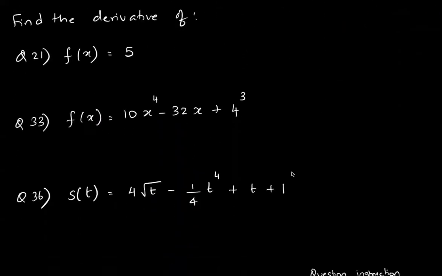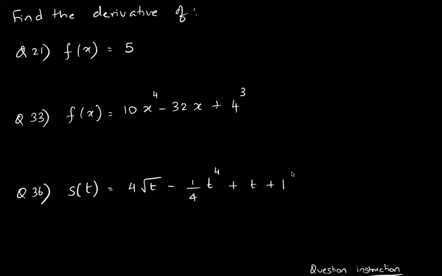So in the first question, the function given to you is a constant function. If you were to graph f of x equals 5, the graph will just look like this, right? It's a horizontal line. So you know that intuitively, this particular function doesn't change at all.